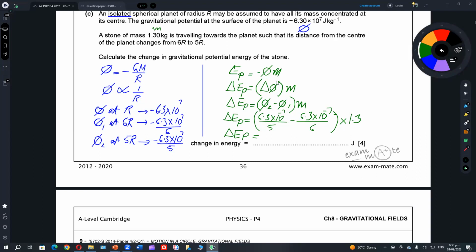Please convert it into 10 power something. 10 power 6. Yes, it's coming 2.7 into 10 to the power 6.